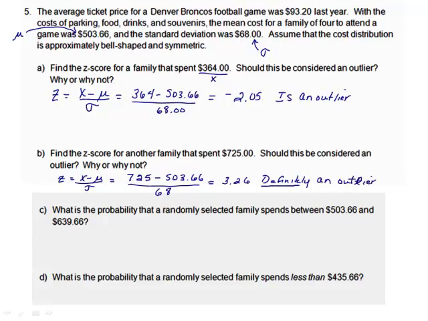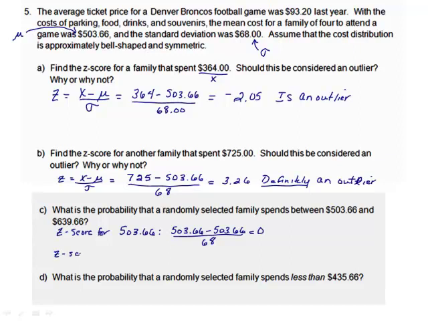Now the next two problems actually come from chapter 6, but we'll go ahead and talk about them here. First, what's the probability that a randomly selected family spends between $503.66 and $639.66? If we're going to do this using the z-scores table, then we need z-scores for both of these numbers. So here I'm figuring out the z-score, and notice since our first number is actually the same as the mean, we get 0 for the z-score.